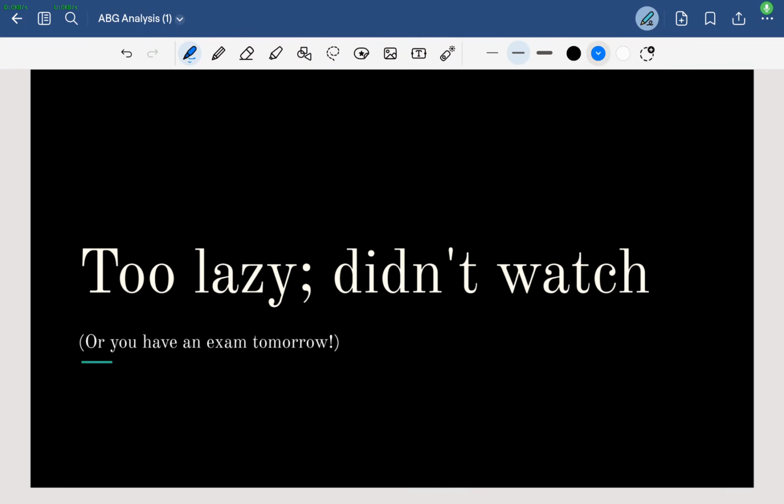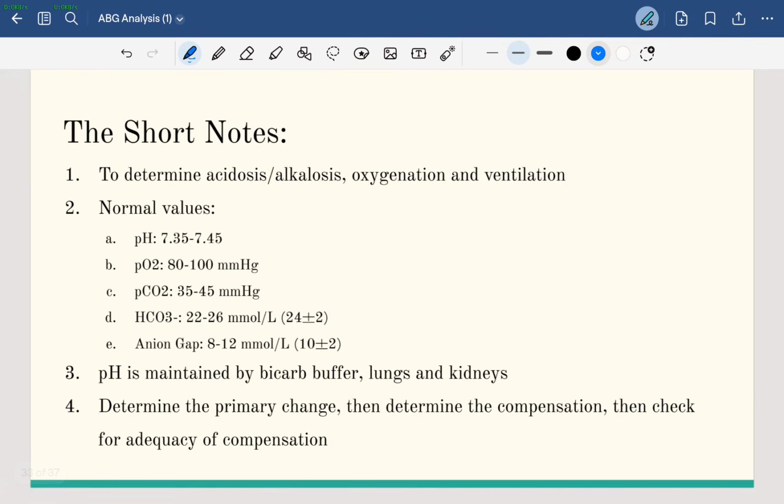To summarize what we've learned so far, these are the reasons we take an ABG: to determine acidosis or alkalosis, to look at oxygenation and ventilation of our patients. And you need to remember the normal values in order to solve ABG questions. pH is maintained by the bicarb buffer mainly, and then you have the lungs and kidneys.